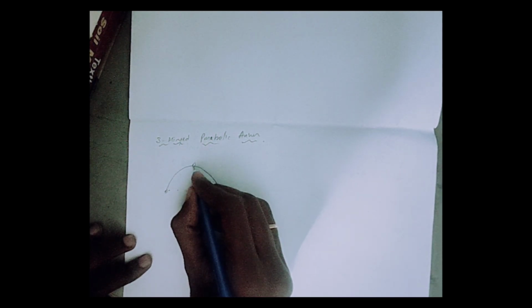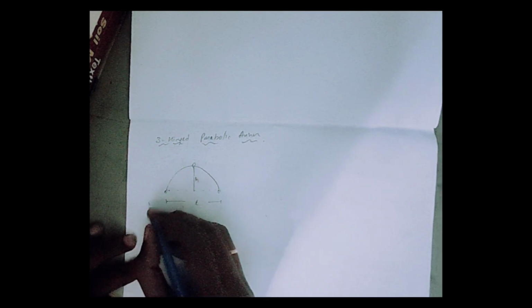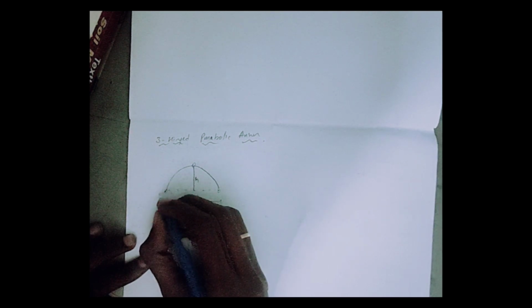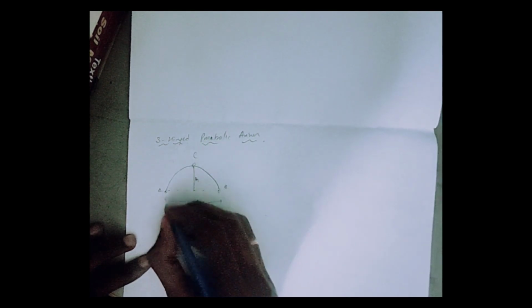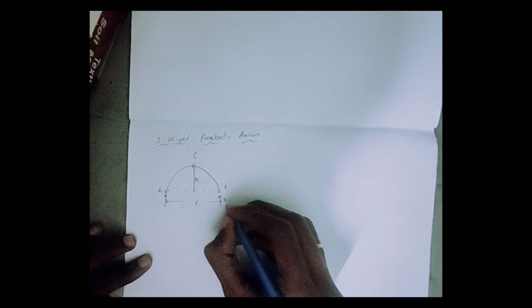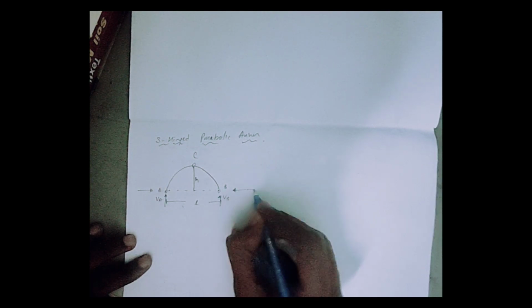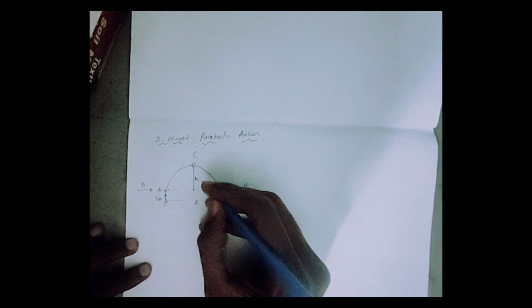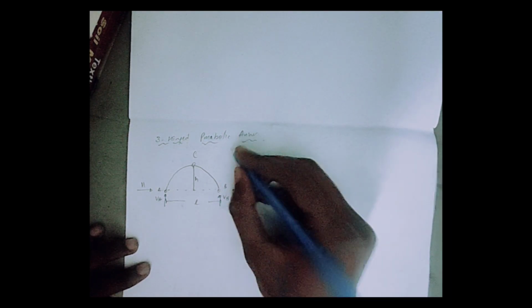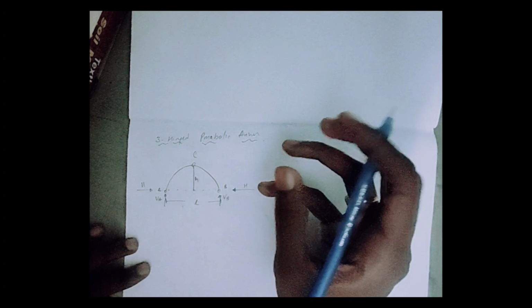This central rise is called H, the span is called L. We're going to have A, B, C. We have vertical reactions, this will be VA, this will be VB, and this is H. Now this arch will have a parabolic shape, and all the properties of a parabola are applicable in this.